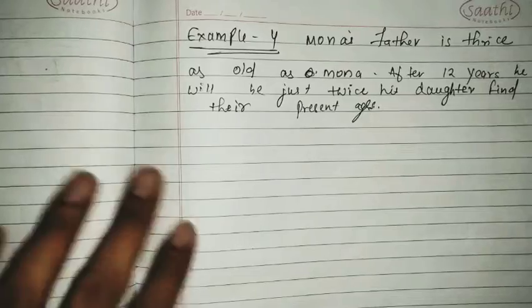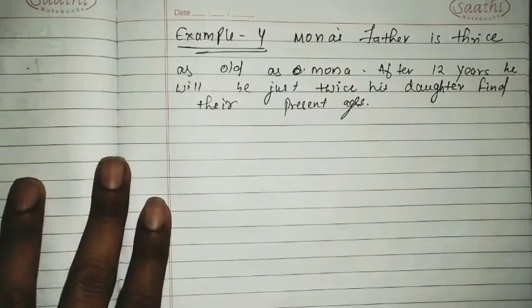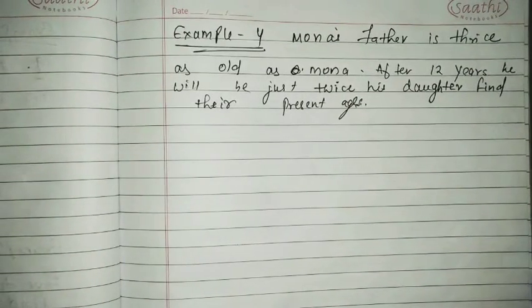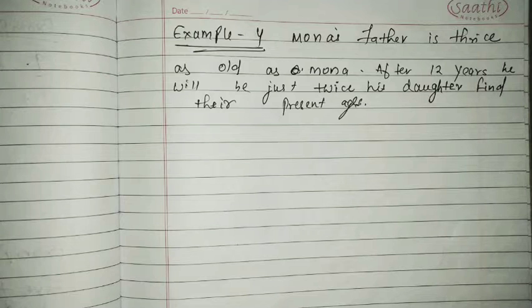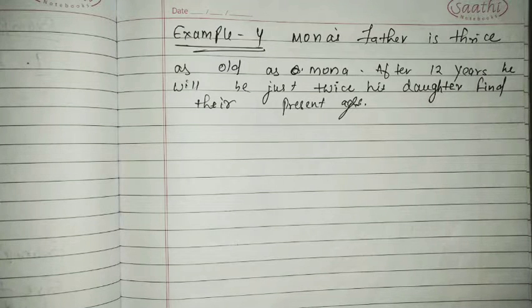Let's move to the last example. I hope you are understanding very well. Mona's father is thrice as old as Mona. After 12 years, he will be just twice his daughter. Find their present age.